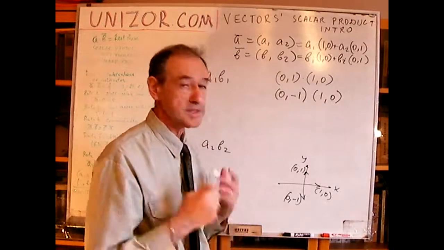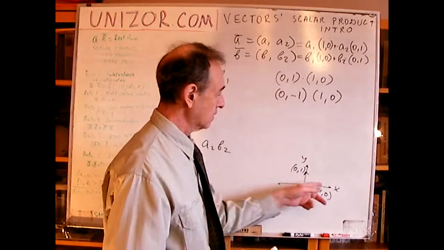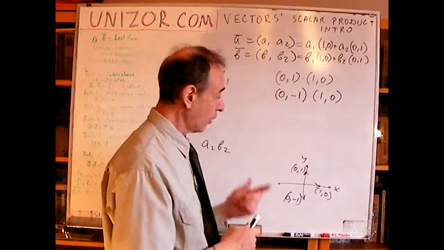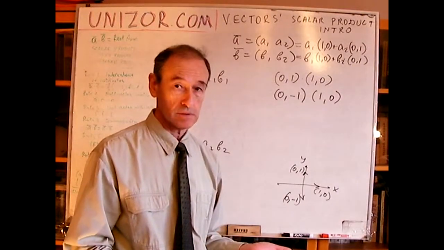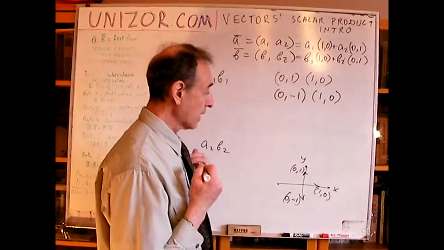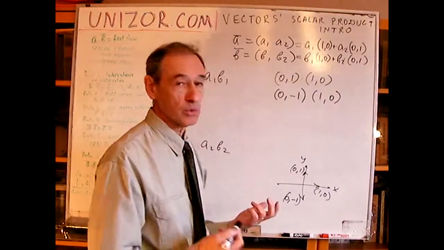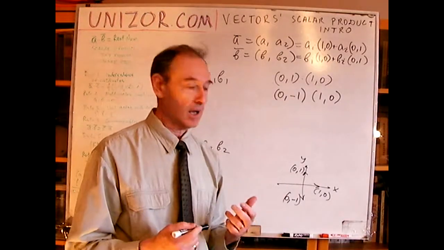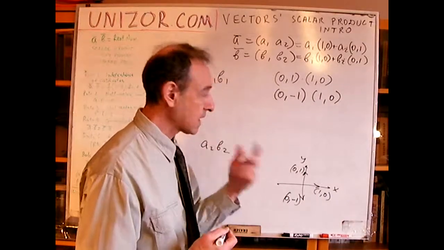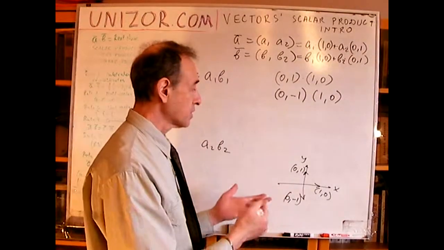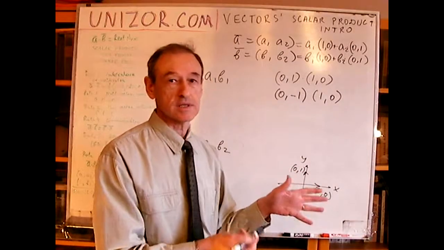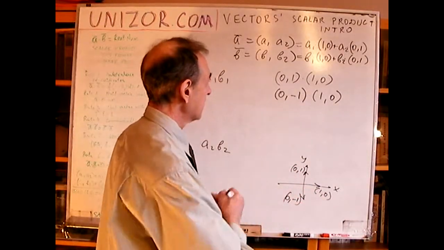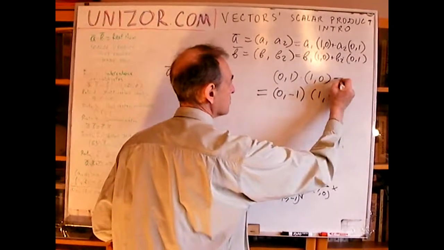Well, in both cases, the lengths of the vectors are 1. In both cases, the angle between them is 90 degrees, the right angle. So, according to my rules of independence of the scalar product of the coordinate system, no matter how you do this scalar product, it should actually be the same.